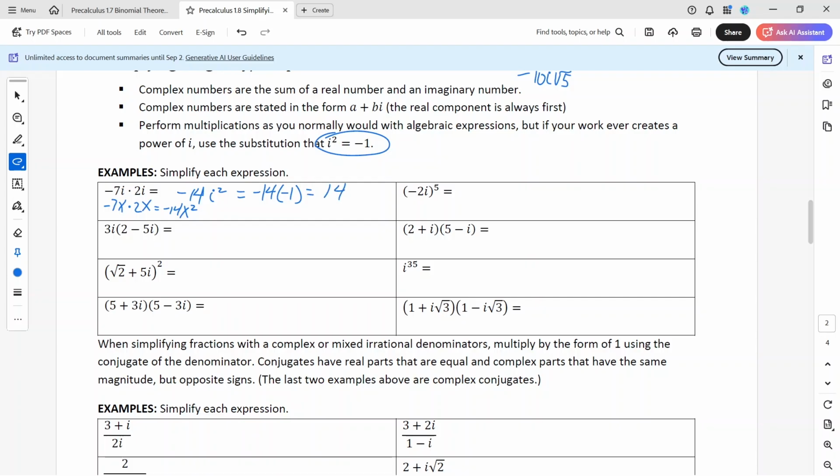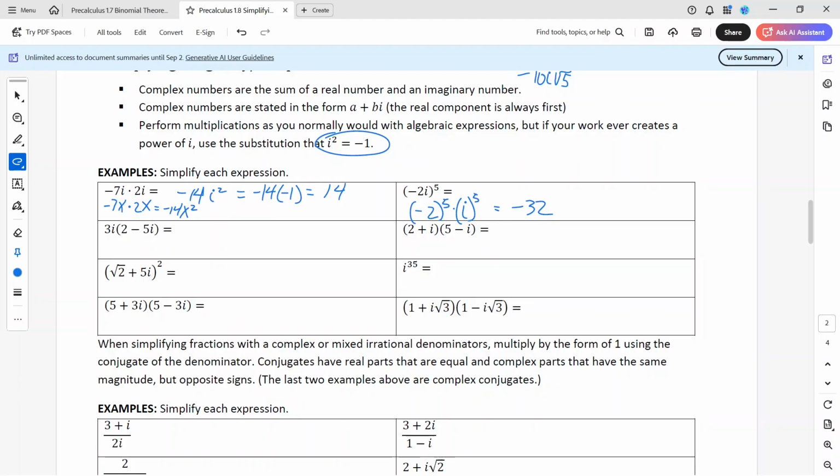So by the same token, this would be negative 2 to the 5th times i to the 5th. Negative 2 to the 5th is negative 2 times negative 2, and so on. If you do that out, you get a negative 32. But what about that i to the 5th?